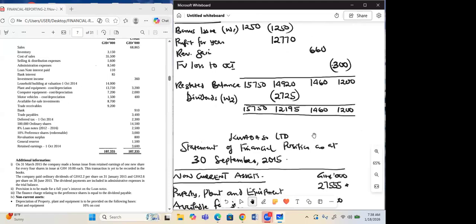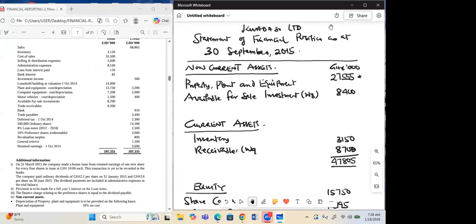Take the rest of the statement of changes in equity. Can I move? Yes, sir. Then the statement of financial position. Take this. Are we okay? Yes. Can I move? Yes, sir.